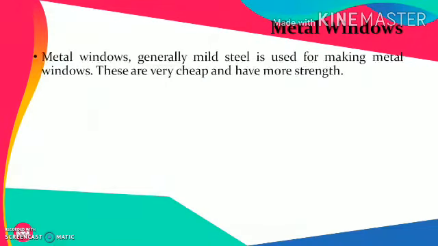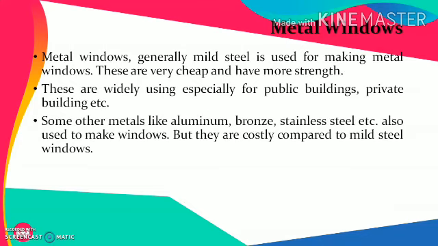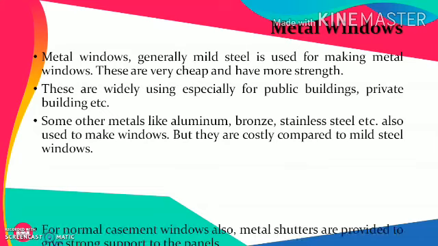Next is the metal window. Generally mild steel is used for making metal windows. These are very cheap and have larger strength. These are widely used especially for public buildings, private buildings, etc. Some other metals like aluminum, bronze, stainless steel, etc. are also used to make metal windows, but they are costly compared to mild steel.